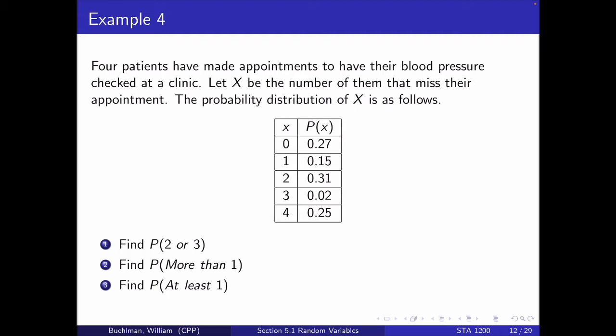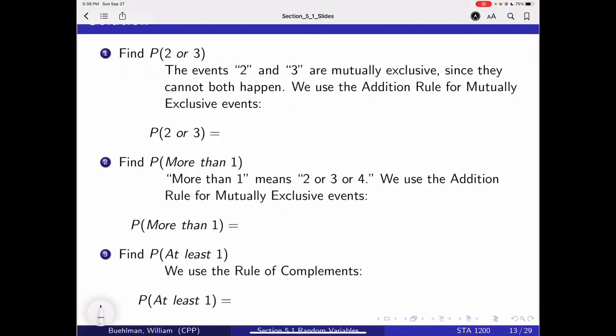So the probability that 0 will miss their appointment is 0.27. The probability that 3 will miss their appointment is 0.02. We're going to find the probability that 2 or 3 miss their appointment, more than 1 misses their appointment, and at least 1 misses their appointment. For 2 or 3 miss their appointment, the events 2 and 3 are mutually exclusive since they cannot both happen, so we use the addition rule for mutually exclusive events.